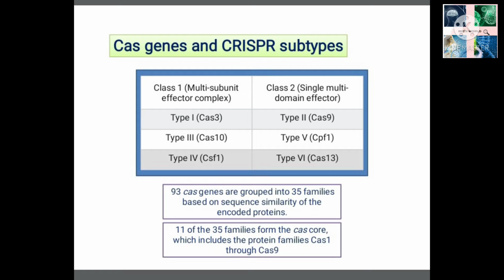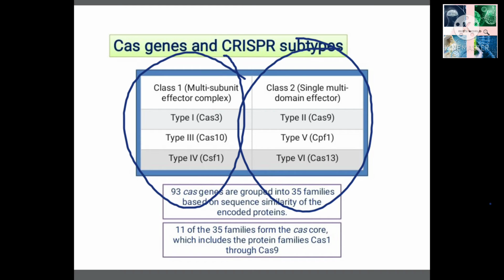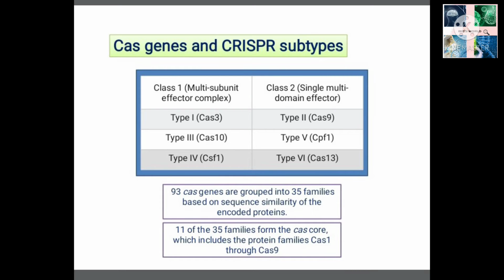This classification defines 5 types and 16 subtypes based on shared characteristics and evolutionary similarities. These are grouped into two large groups based on the structure of the effector complex that cleaves the genomic DNA. This classification is based on the complement of Cas genes that are present.